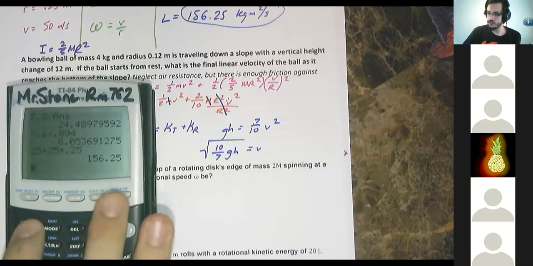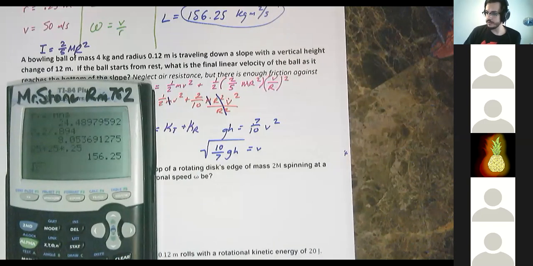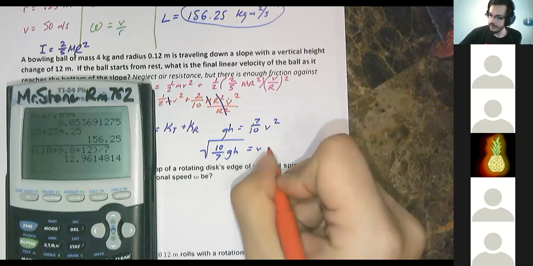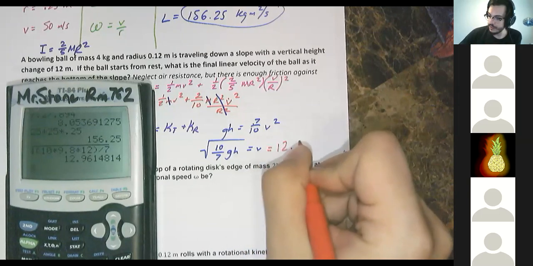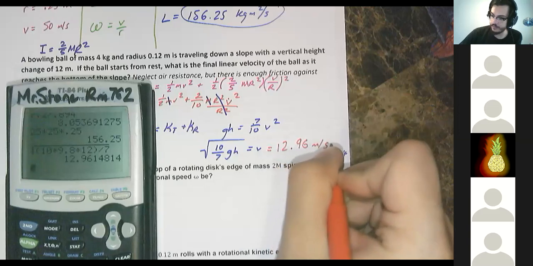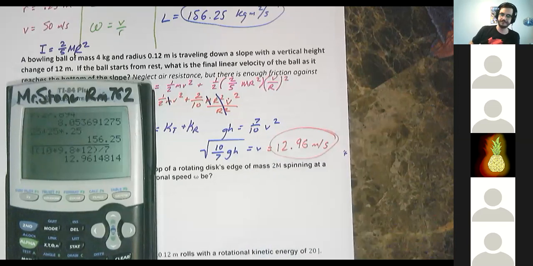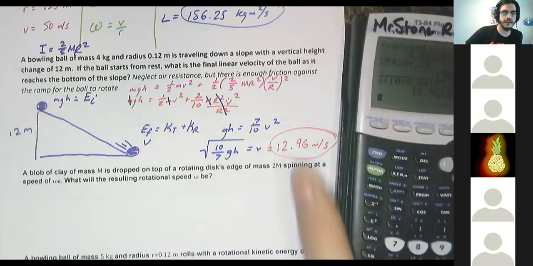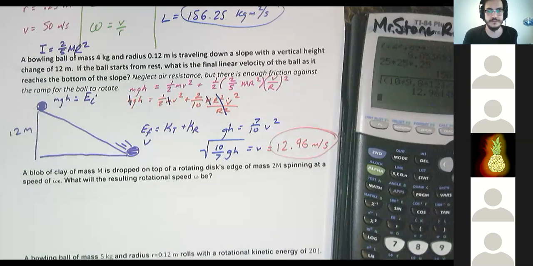So, square root of 10 times 9.8 times 12 divided by 7. And it is 12.96 meters per second at the bottom of the ramp. You probably got slightly over 13 if you used 10 for g, like 13.0 something.